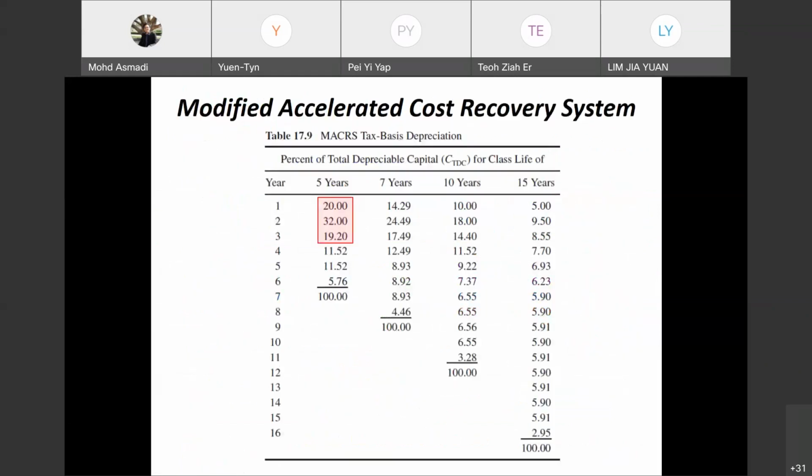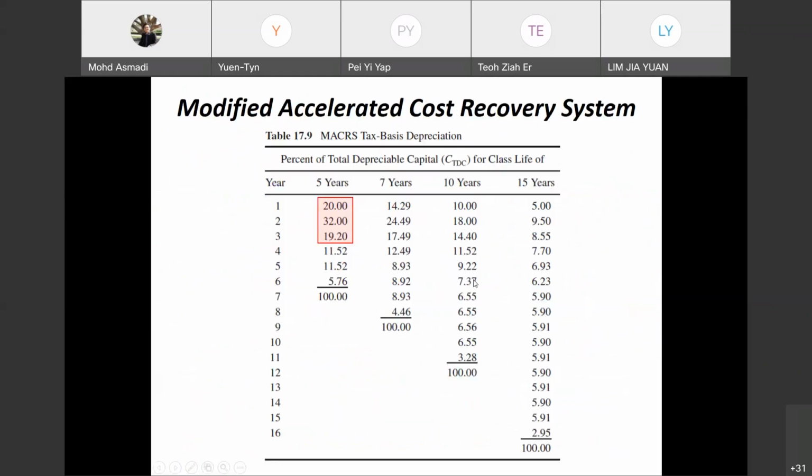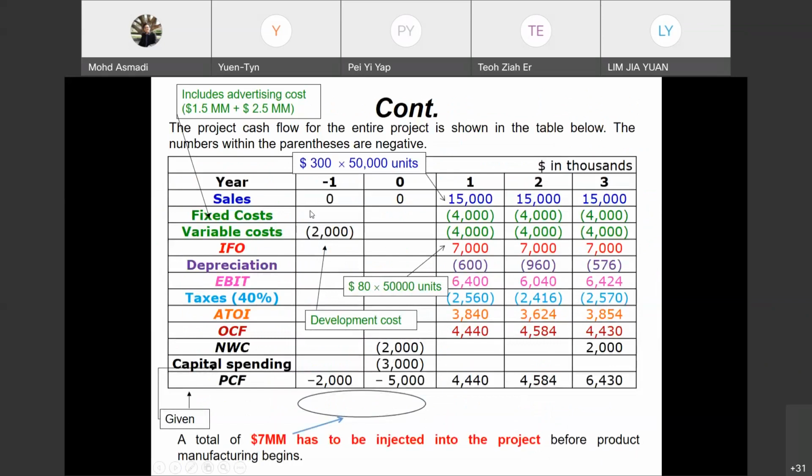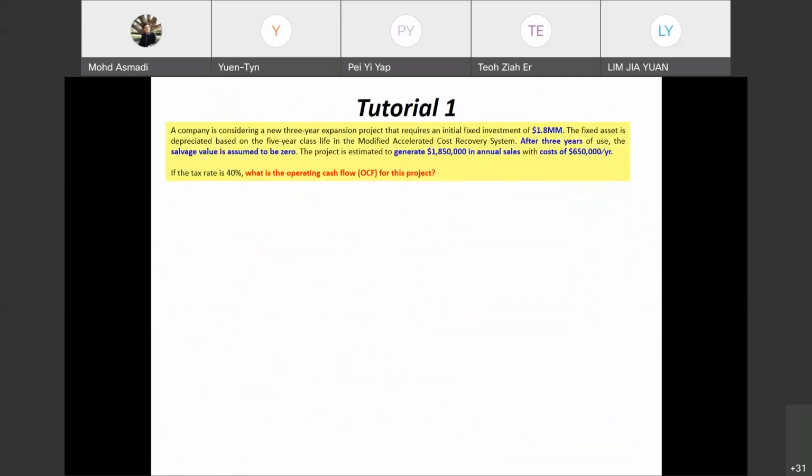After you construct this table, you do this table starting from -1, because your investment is within 1 year, right? So we will assume starting the first year, before you start the manufacturing.